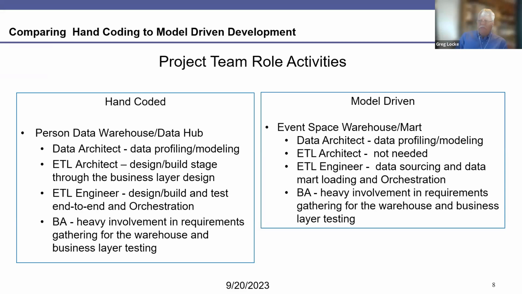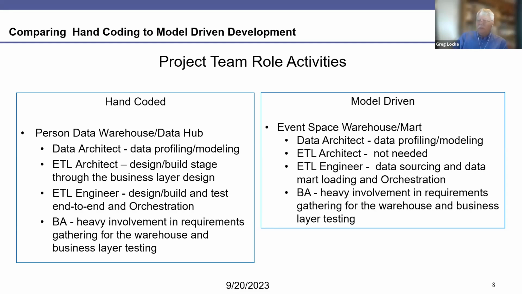On the model-driven project, the BA was focused on requirements analysis, testing source to the business layer, and the business layer to the data marts. So the main differences here is that we didn't need an ETL architect for the data vault design in the model-driven approach, and there was much less testing required for the BA and the developers across the board.